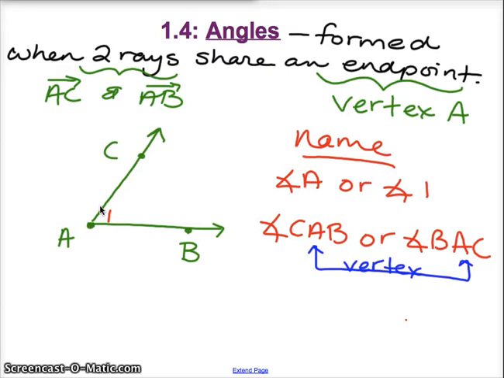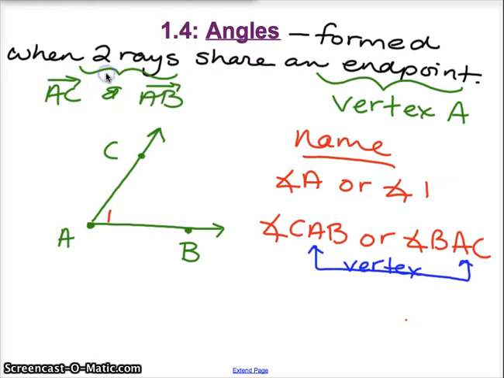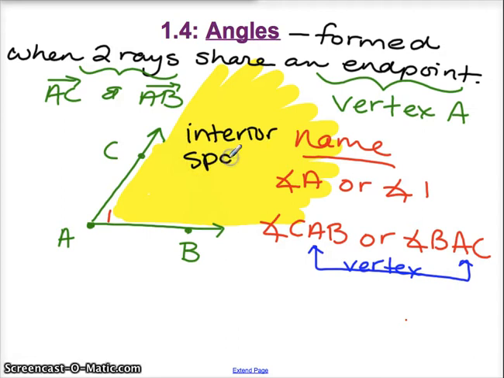Okay. Any angle divides a plane into 2 different regions. We've got the region inside the angle. And remember, rays go on forever and ever, so I can really highlight all out here. We've got this region, which creatively enough we call interior space.